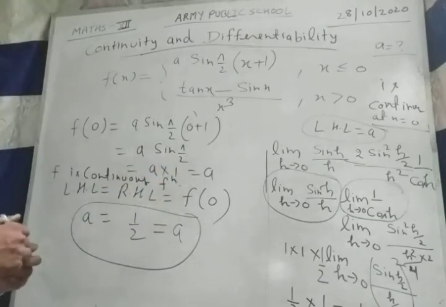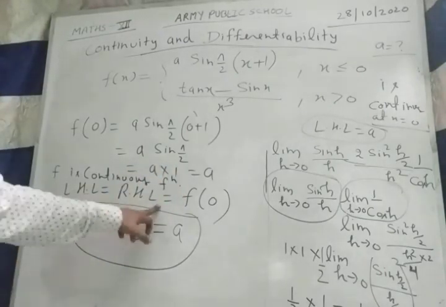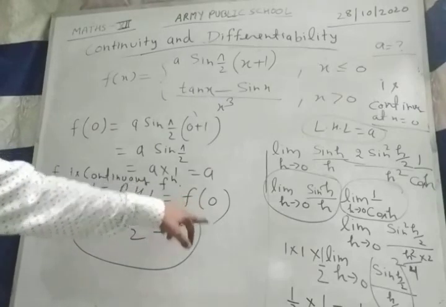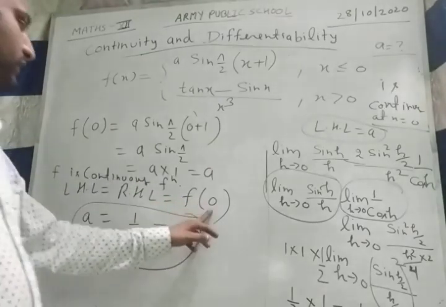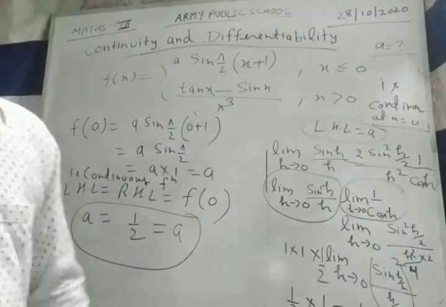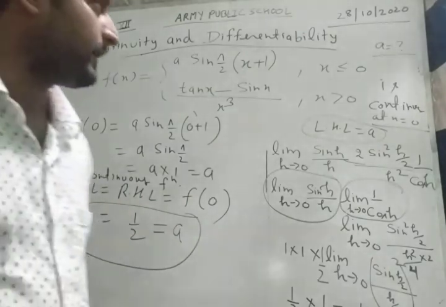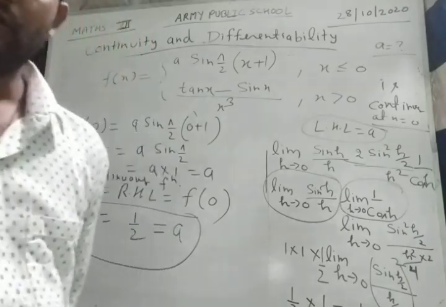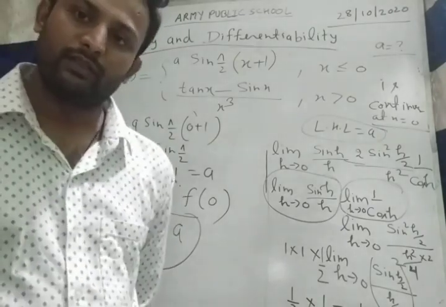The left hand limit, right hand limit, and value of the function at x equal to 0 is a. So a is 1 by 2. In this way we can find the value of a when our function is continuous.